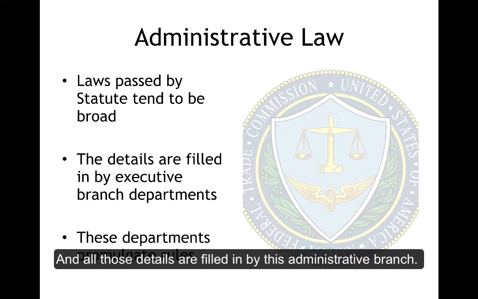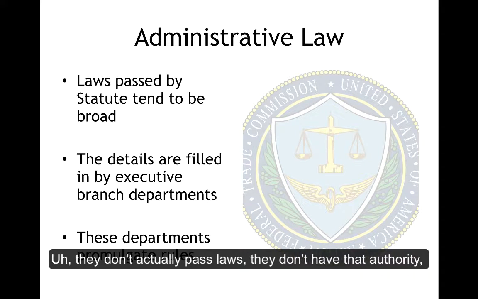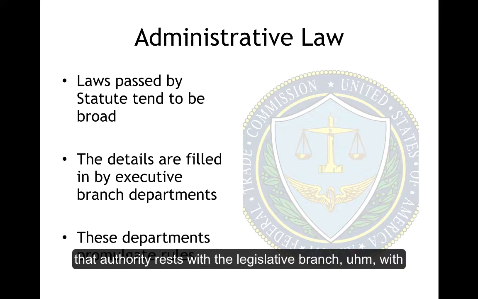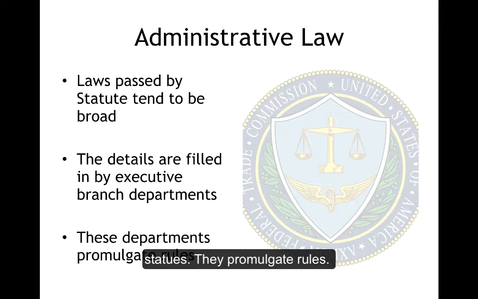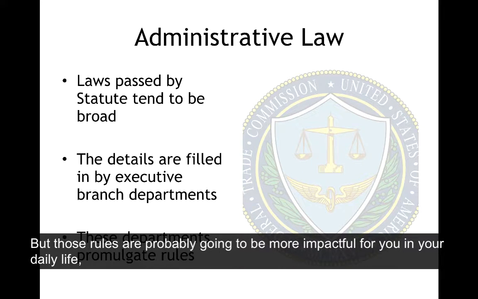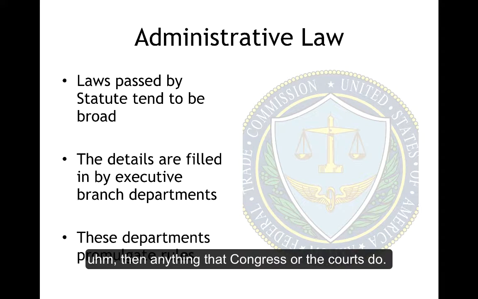And all those details are filled in by this administrative branch. They don't actually pass laws. They don't have that authority. That authority rests with the legislative branch, with statutes. They promulgate rules, but those rules are probably going to be more impactful for you in your daily life than anything that Congress or the courts do.